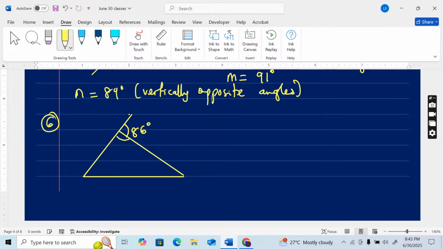In here, I'm to find angle M. Right here, I have angle R, and above here, I have 62 degrees. So how do we get the answer? How do we get angle R, or how do we get angle M?